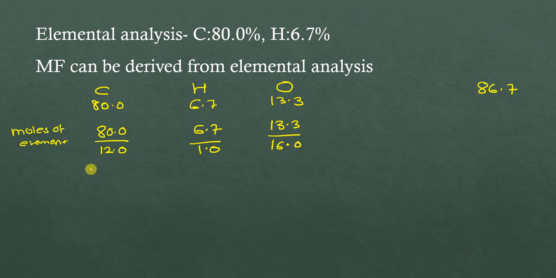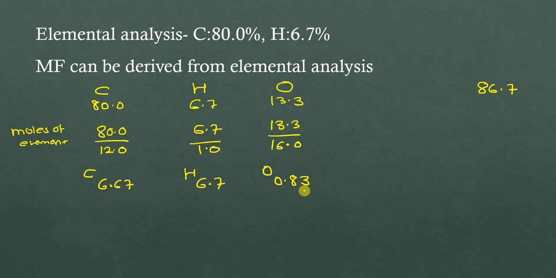So 80.0 divided by 12 is around 6.67, hydrogen is obviously 6.7, and 13.3 divided by 16 is 0.83. So these are moles of carbon, hydrogen, and oxygen.